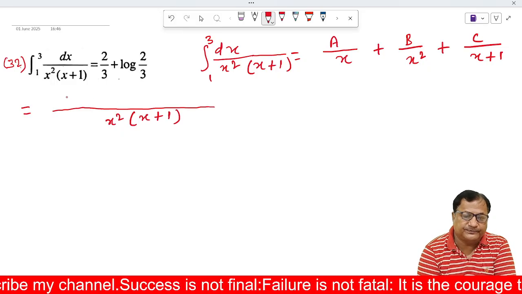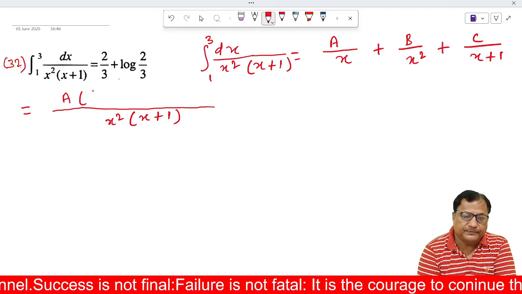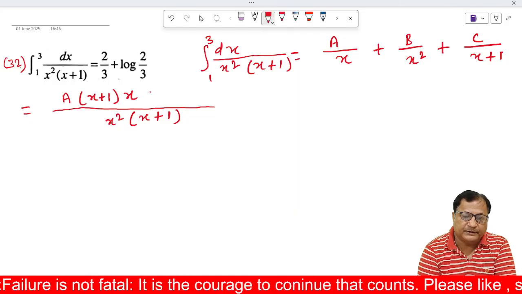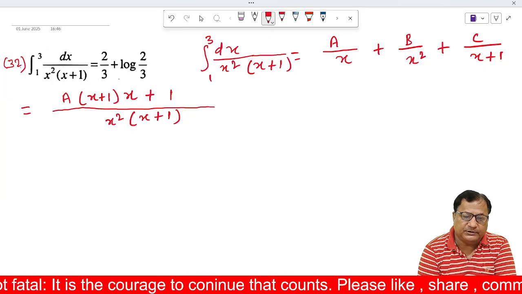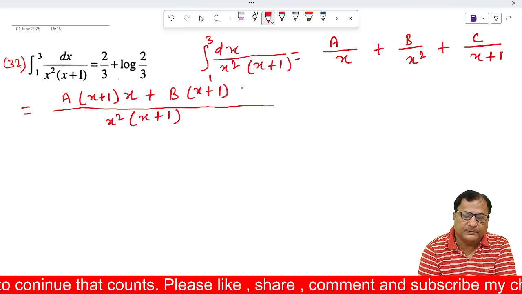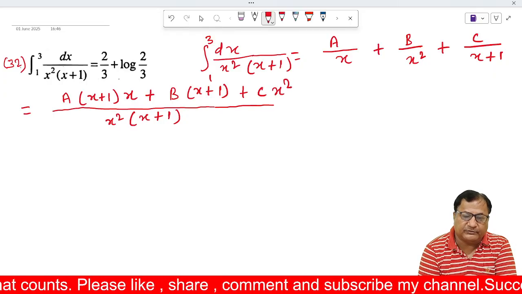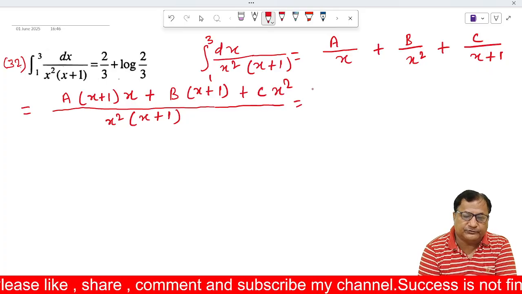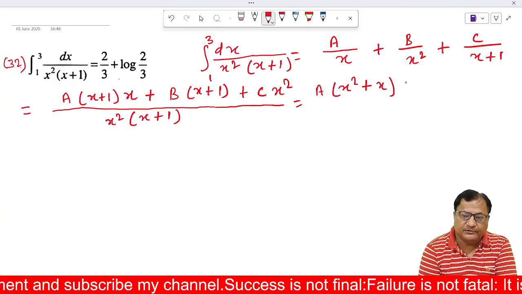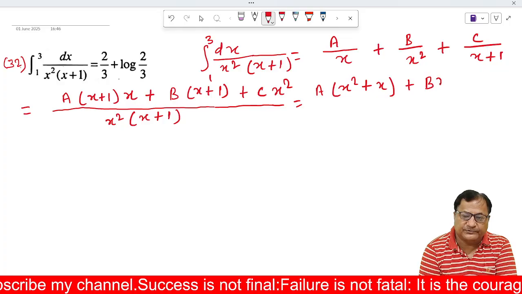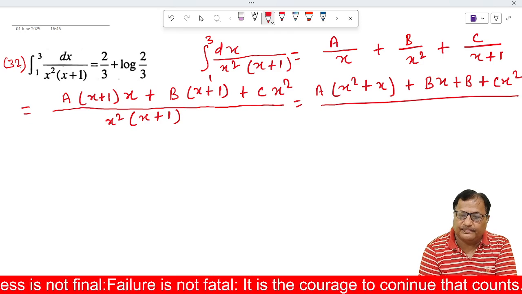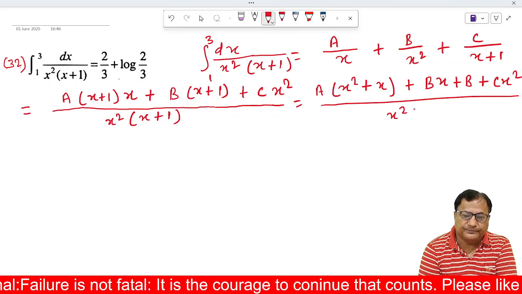So it will be A into x into x plus 1, plus B into x plus 1, plus C x square, divided by x square into x plus 1. We will multiply this, so this will be A x square plus A x, plus B x plus B, plus C x square.